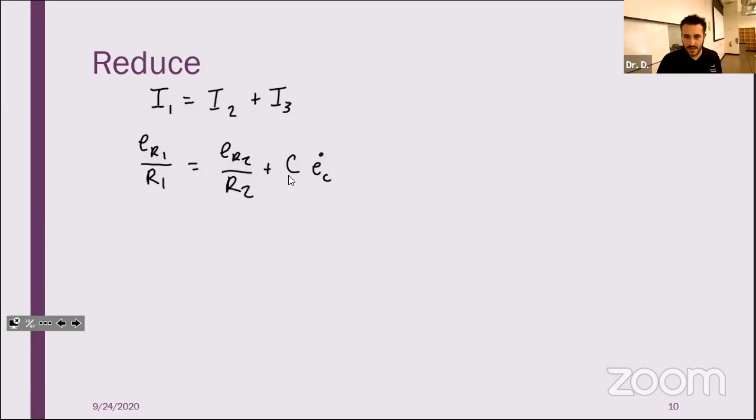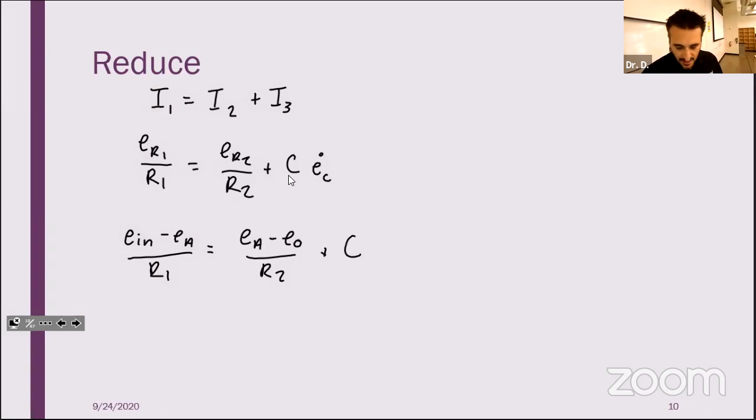All right, so if we come back here, we can incorporate what we just did, right? So we can have the voltage drop here, we know is EN minus EA over R1. We've got EA minus E out over R2. And we've got C times E dot A minus E dot out.